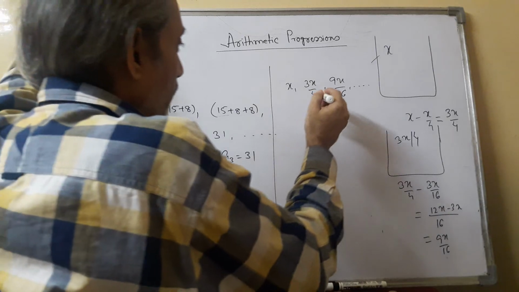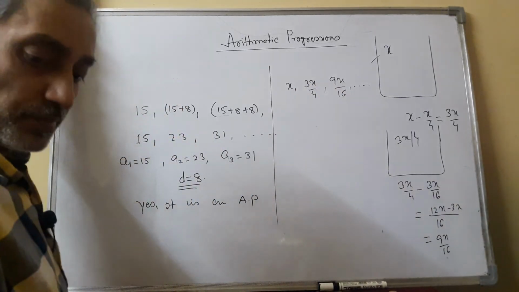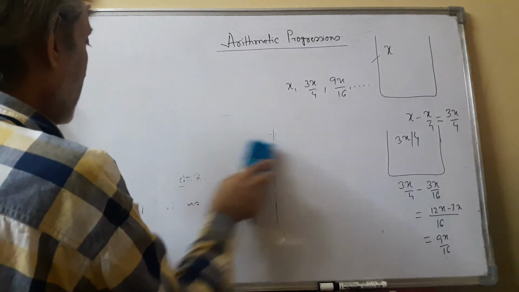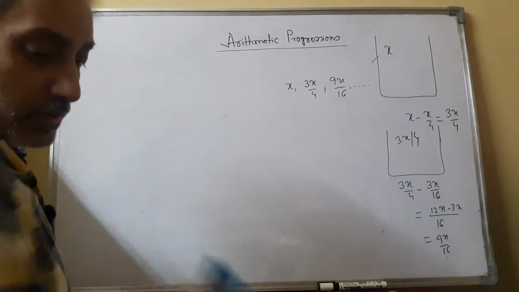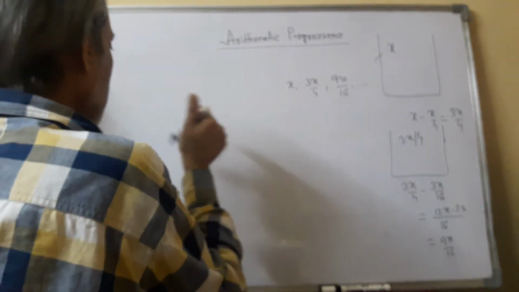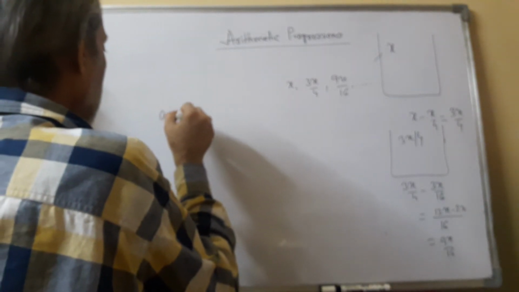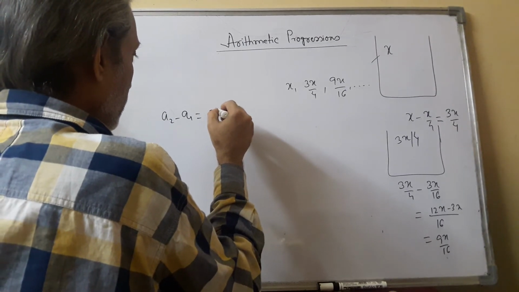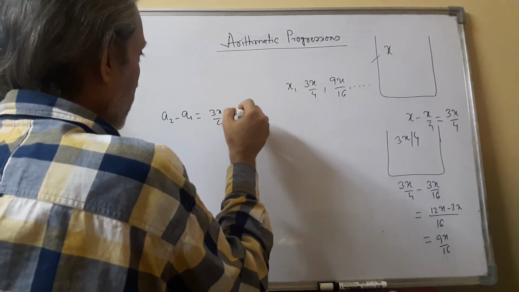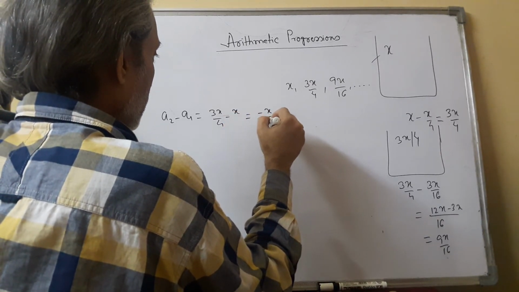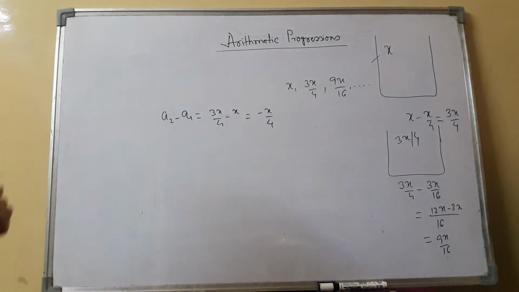See the difference of the first term and second term. Just think, is it an AP or not? The difference between these two terms is minus x by 4.